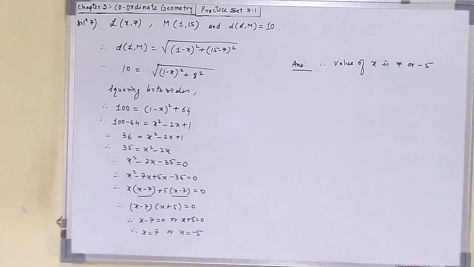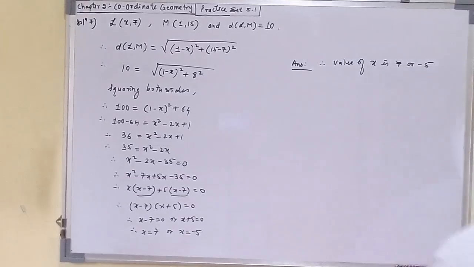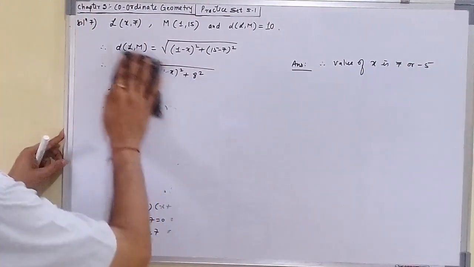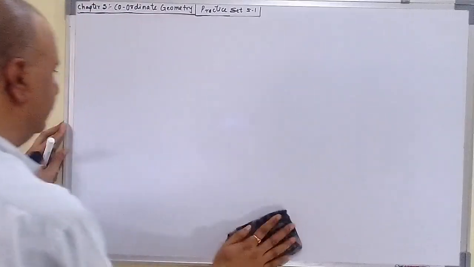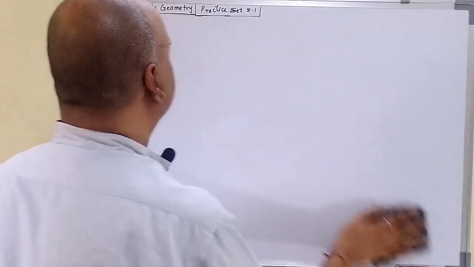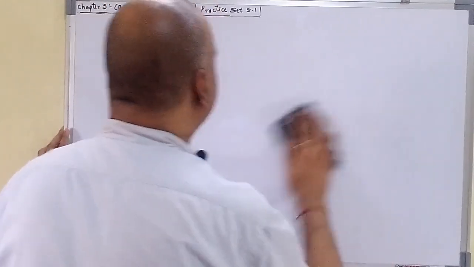Question number 8. They have given us points A, B, C. You have to show that the triangle is equilateral.